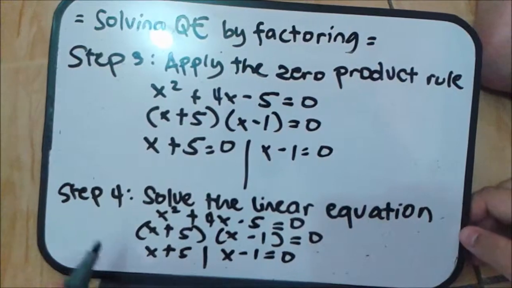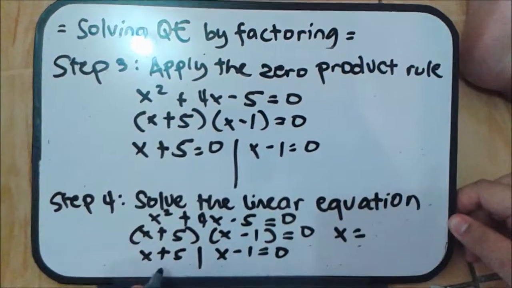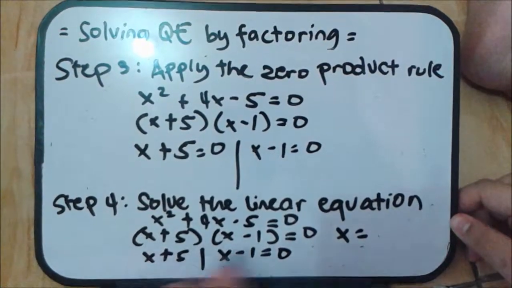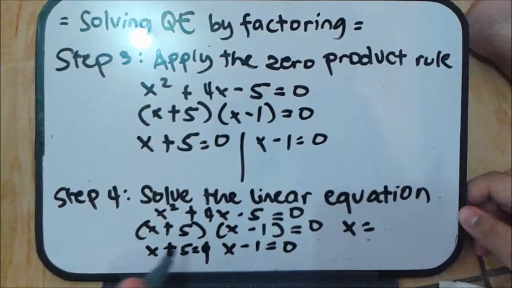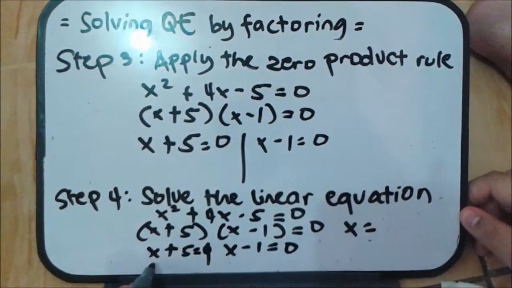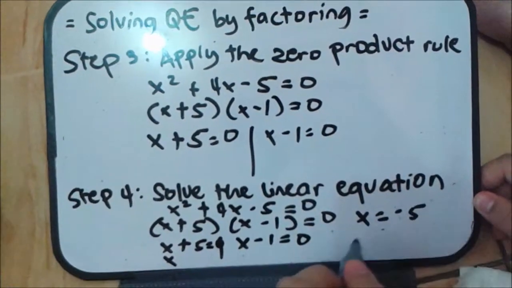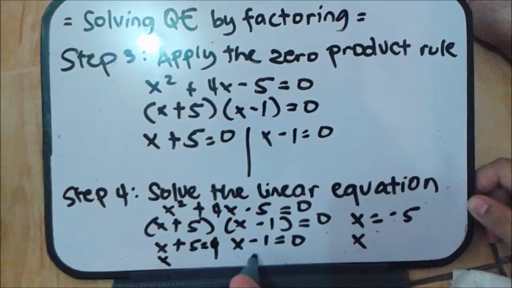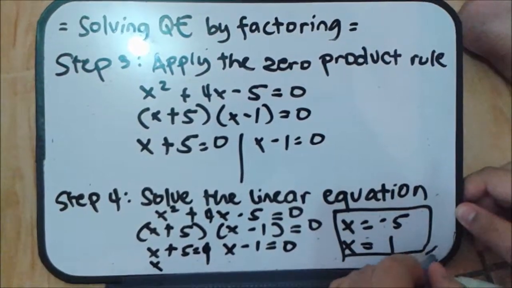And here's the last step. Your x will be negative 5, and the other x will be 1. This is going to be your final answer.